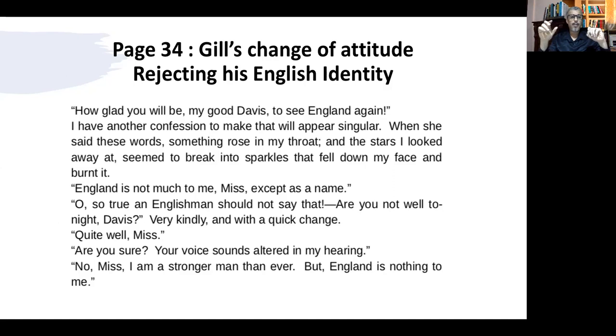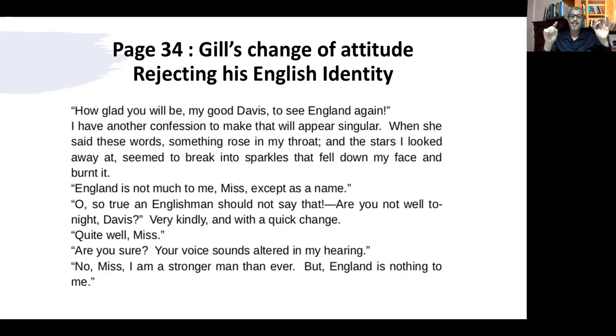And the stars I looked away at seemed to break into sparkles that fell down my face and burned it. England is not much to me, miss, except a name. This is a very good passage. Very interesting and very important passage. England is not much to me, miss, except a name.